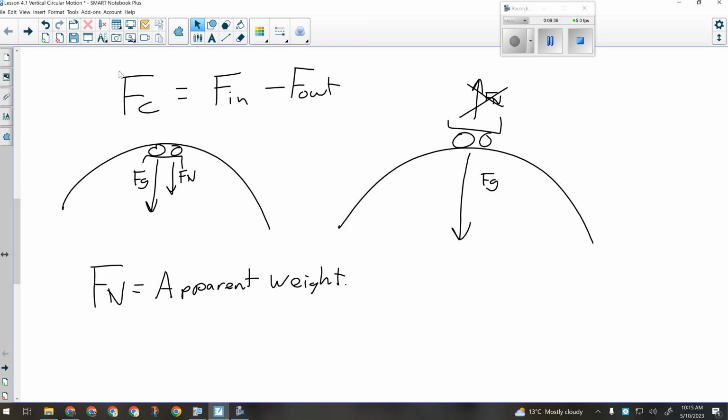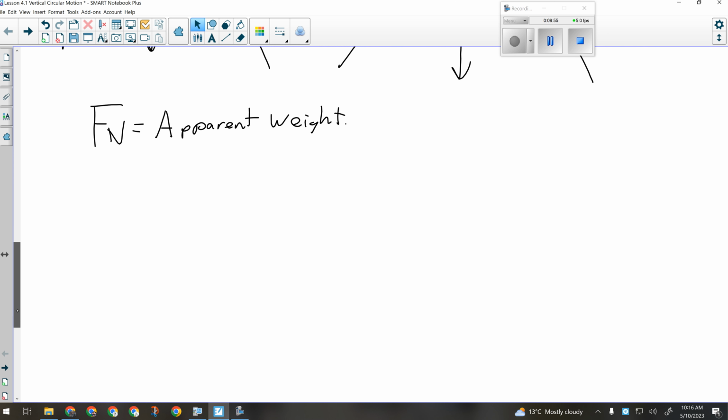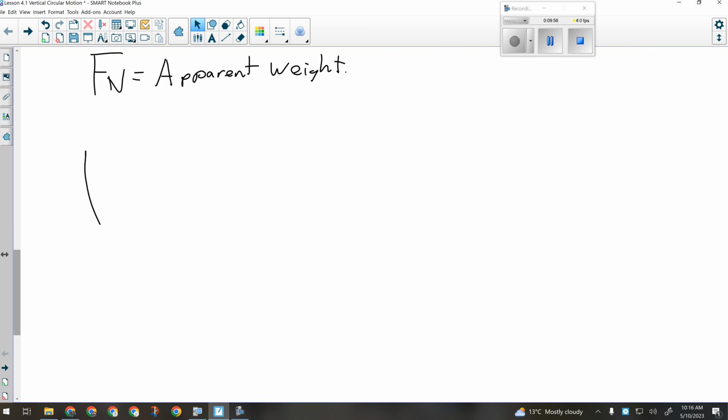And a vertical circle can make you have different apparent weights. It can make you feel weightless, and it can make you feel way heavier than normal. So if I went fast enough, I could go over the top of the circle and produce a feeling of apparent weightlessness. All right. The third situation.